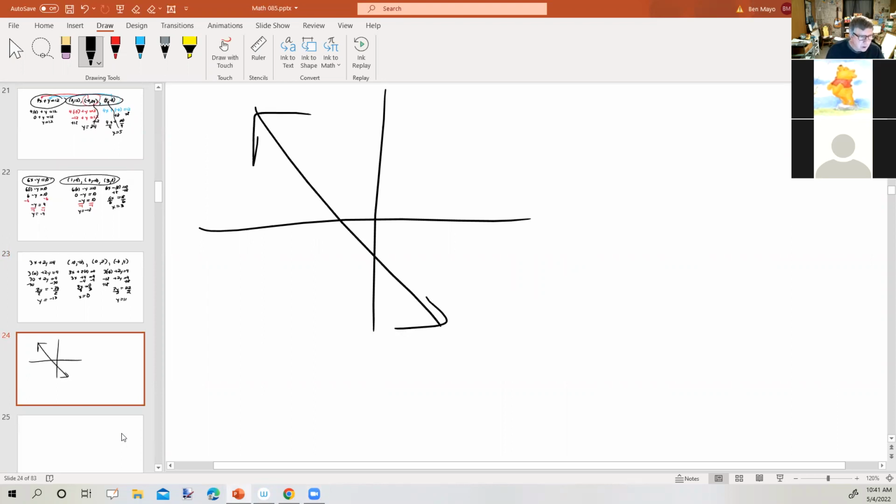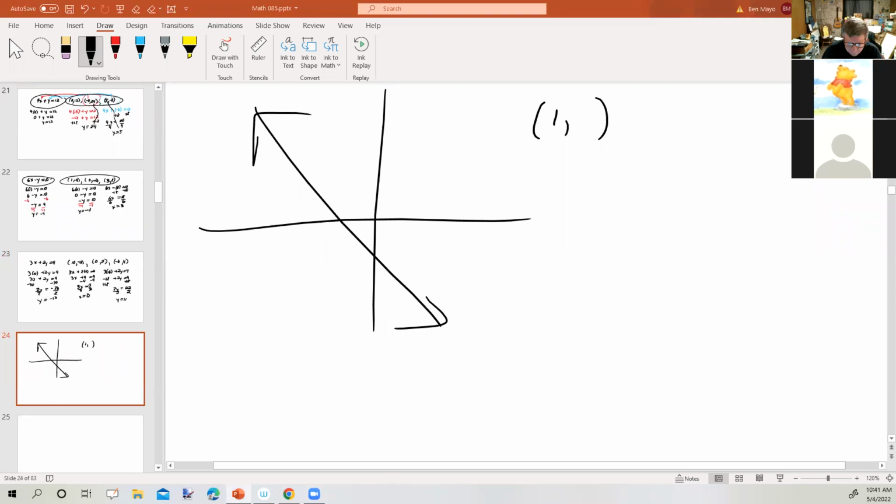It says, what is the value of y when x is 1? It would be as if they had said, complete the ordered pair. x is 1, y is what? Look at the graph.